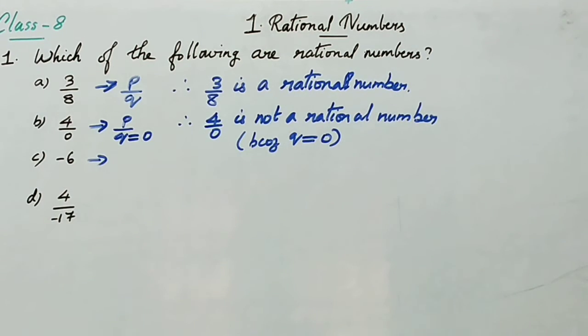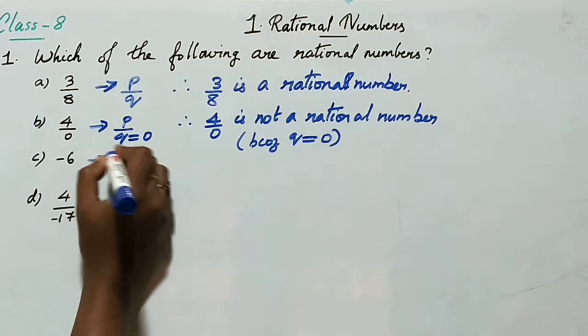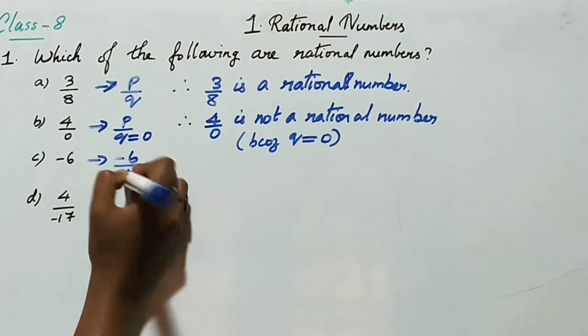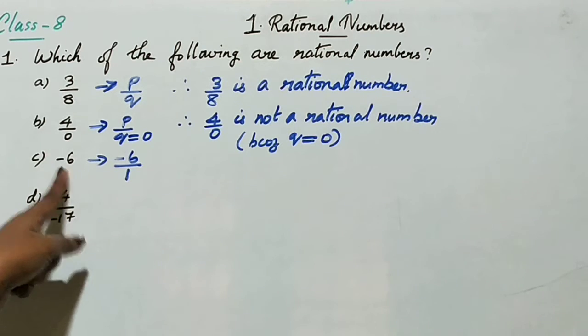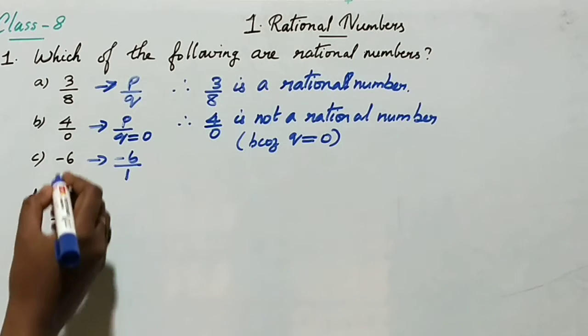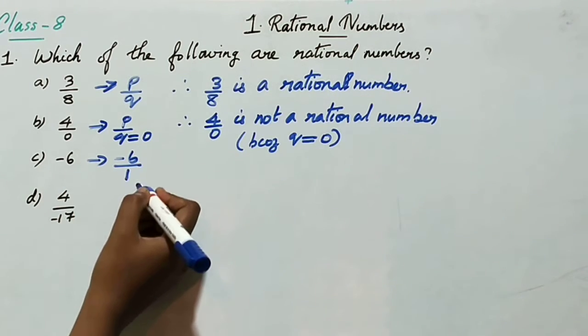Yes, this is a rational number. What is the denominator here? I don't have any denominator, it is not visible, right? It is a rational number because there is a denominator 1. This minus 6 can be written as minus 6 by 1. If there is no denominator, it means the denominator is 1.